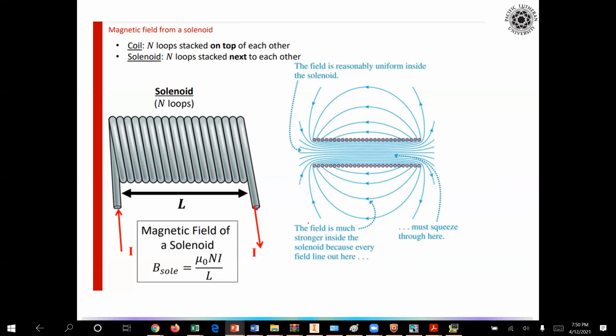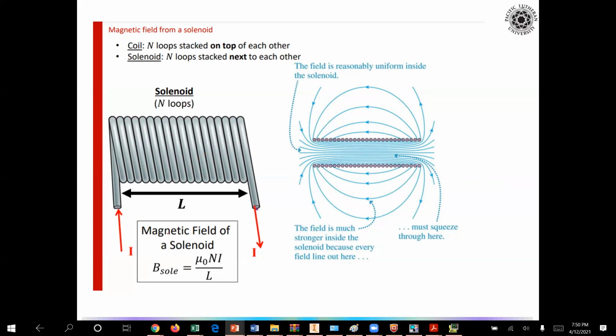The solenoid is just a number of turns connected together. I have a wire, and with the wire I create n loops, adjacent to each other.